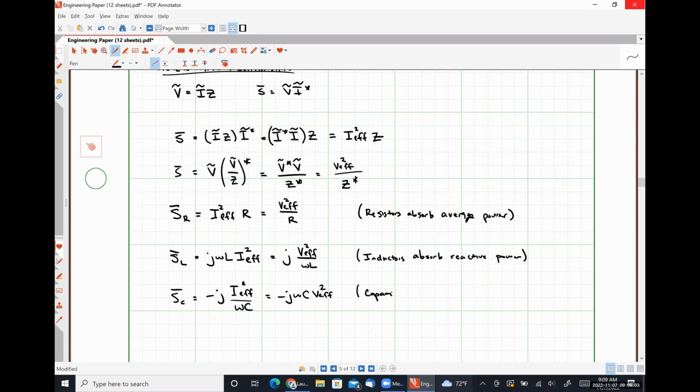So we can say that capacitors supply reactive power. And we're going to use that relationship on Wednesday as we describe the process of power factor correction, which is our last topic in this class.